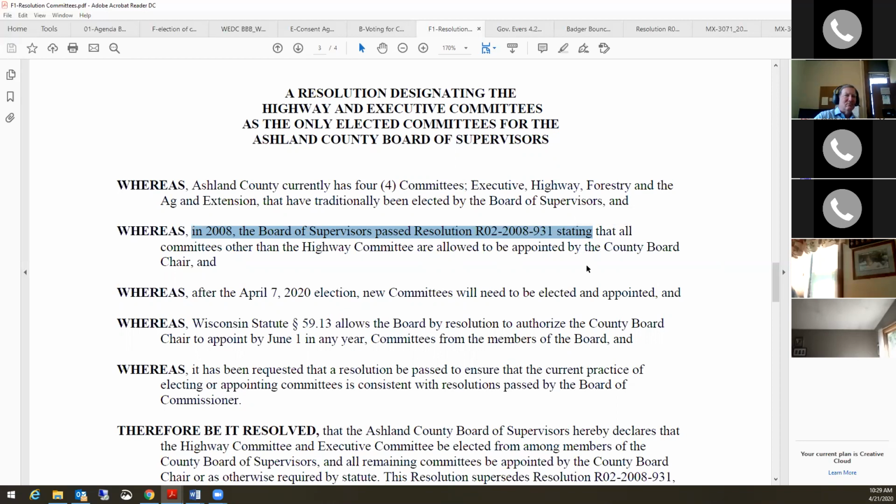Well, if you motion to do that, Kathy, removing that reference to 2008, then the board will decide if they want to do that. All right, so I will make the motion to amend the motion to say that we omit the 2008 resolution and move forward without it. Does that clarify it? Yeah, I think that clarifies it.